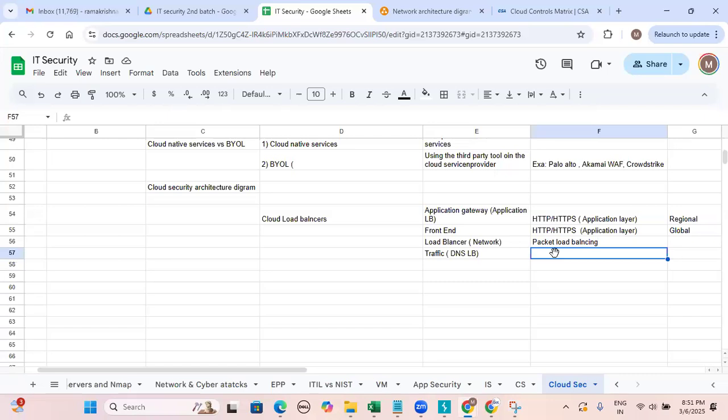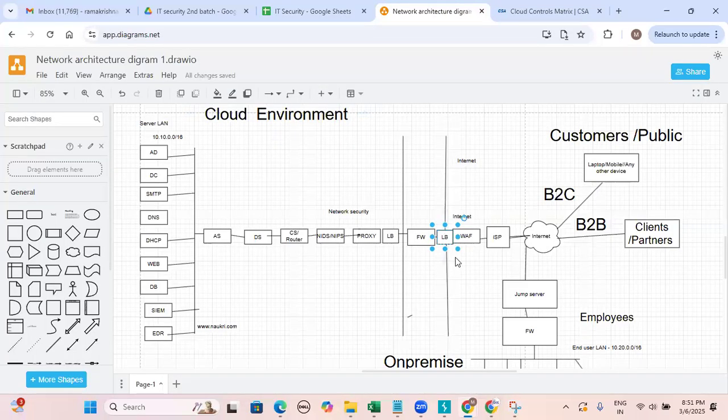So DNS will work in the application layer. DNS also will work in our network layer. So that is about overall 4 different types of load balancers. What I mean to say here is, according to our requirement, if you want to route application oriented traffic, then you can use the application oriented load balancer.